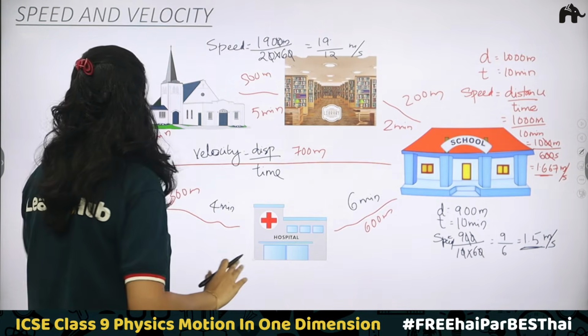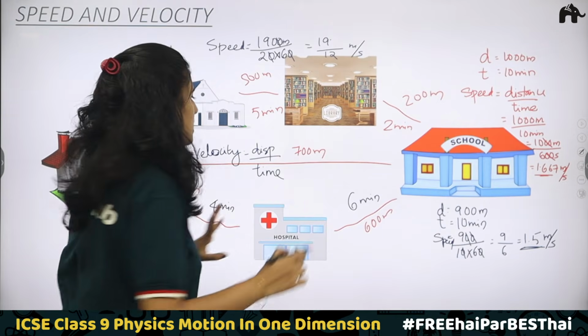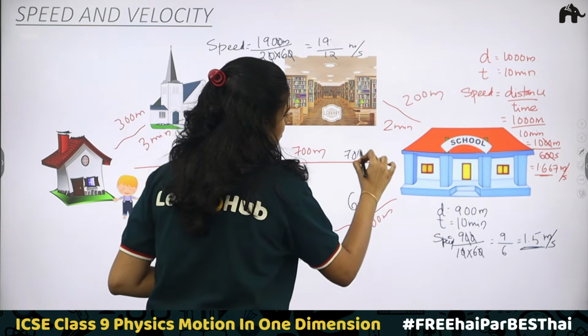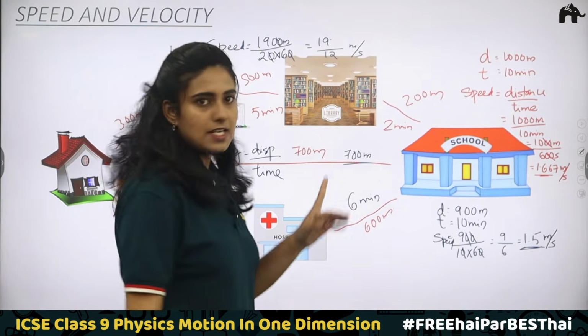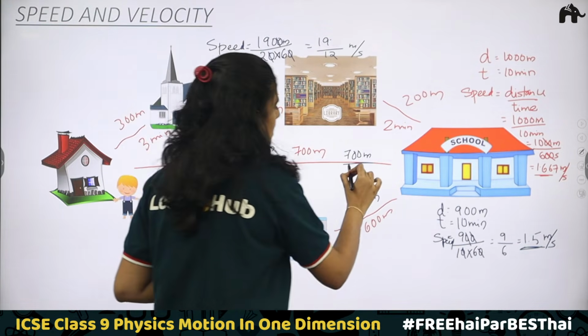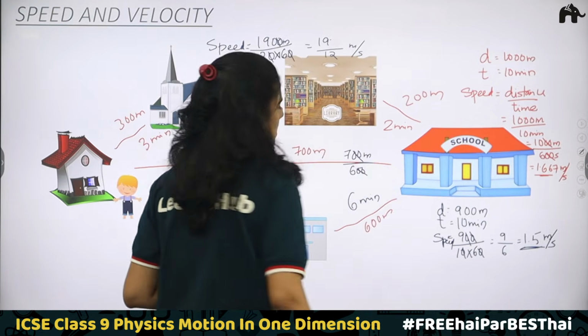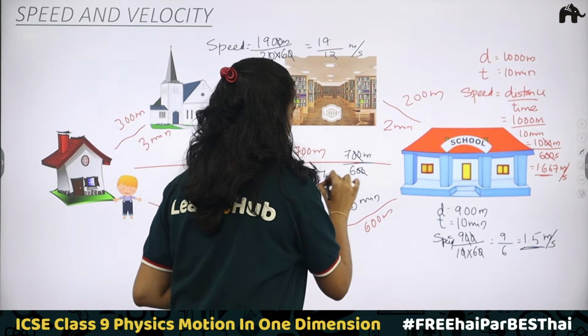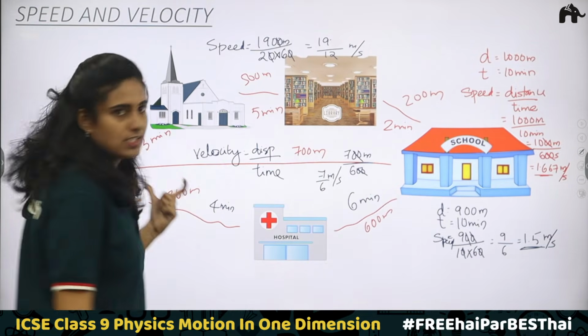So the first case, when you take from home to school, the displacement is 700 meters. And the total time taken is equal to 10 minutes. Okay, so 700 divided by 10 into 60, which is 600. 7 by 6 will be the velocity, again the unit is meter per second.